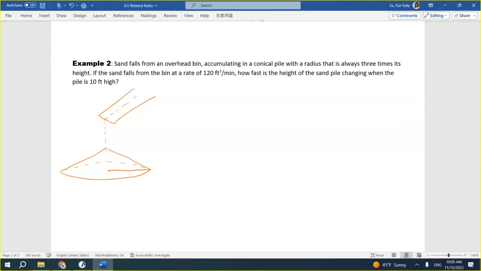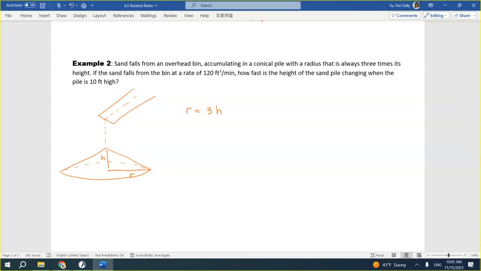And then this cone has the radius always 3 times its height. So radius is 3 times its height. Right, everybody?